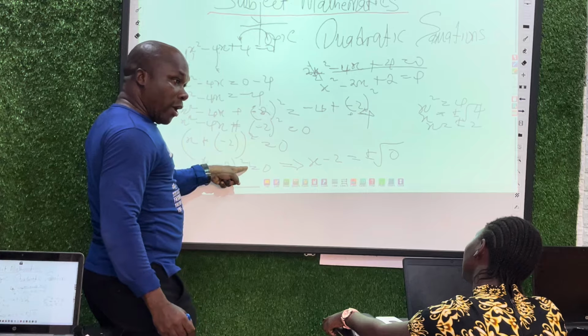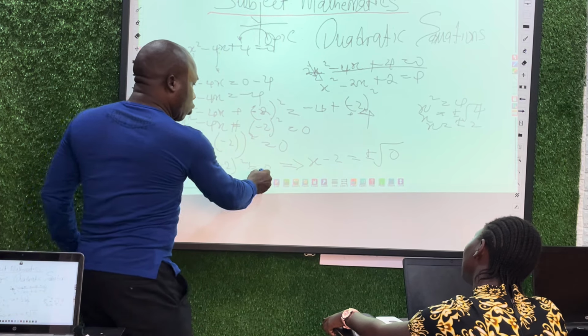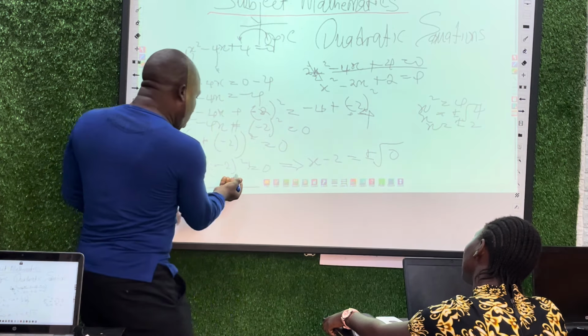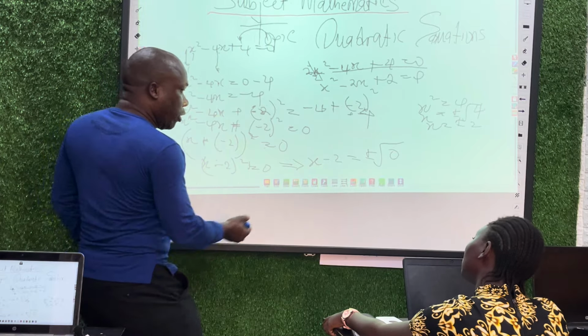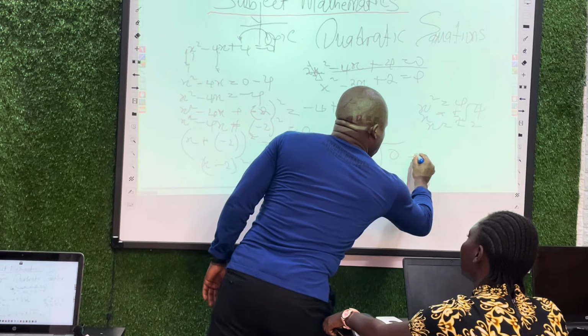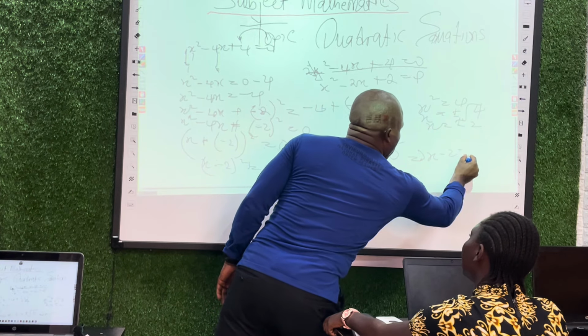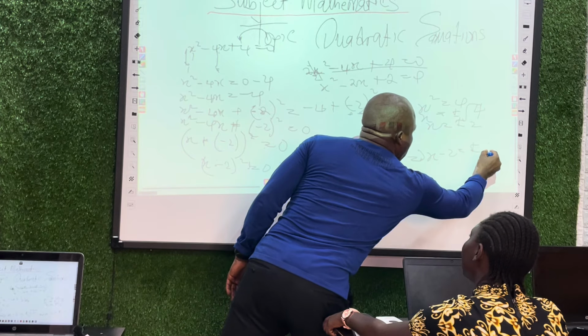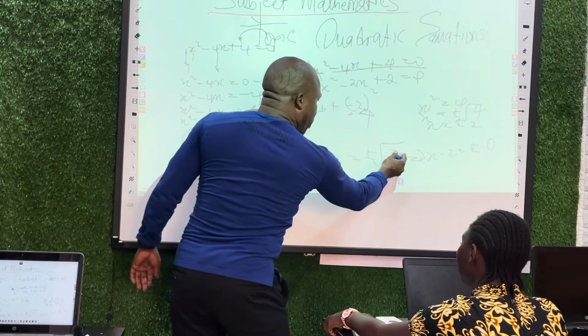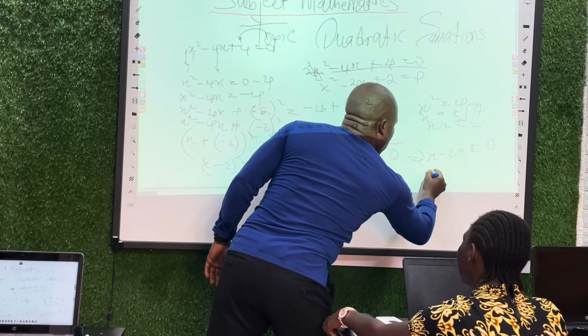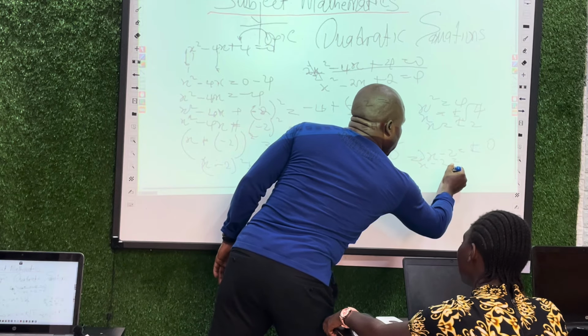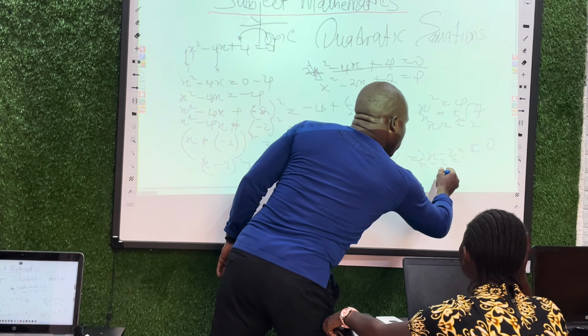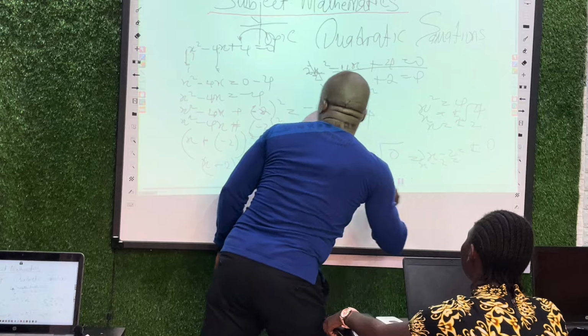I'll remove the square on top here and introduce plus or minus the square root, because I want to get the value of x minus 2. So x minus 2 is equal to plus or minus the square root of 0. The square root of 0 is 0. So x minus 2 is equal to what? Sorry.